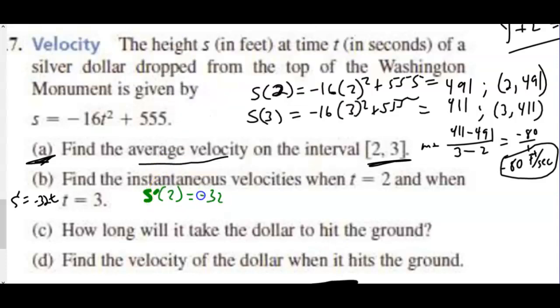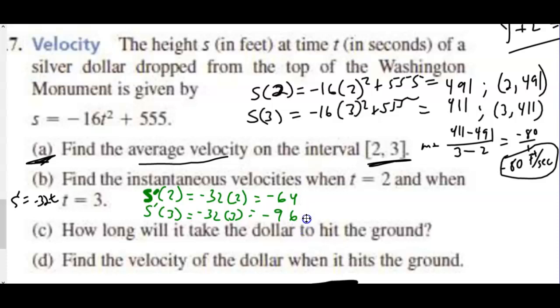So negative 32 times 2 equals negative 64. And S prime of 3, which is negative 32 times 3, which is negative 96. All right. So the average velocity of negative 80 is between these two.